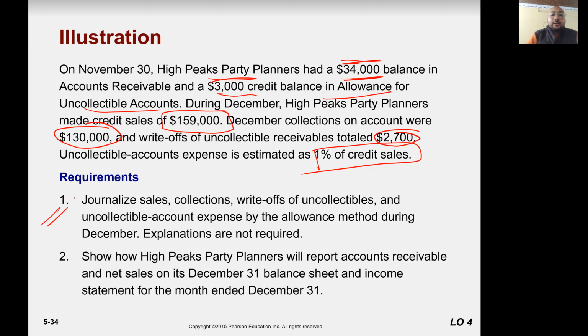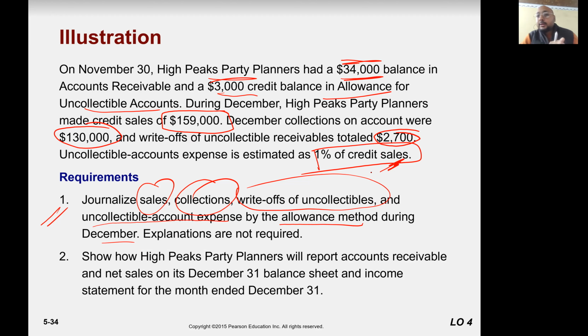So number one, journalize the entries of sales, collections, and writing off, and uncollectible expenses by the allowance method during December. So our method, the allowance method, is percentage of sales. The question didn't mention the aging of accounts receivable.